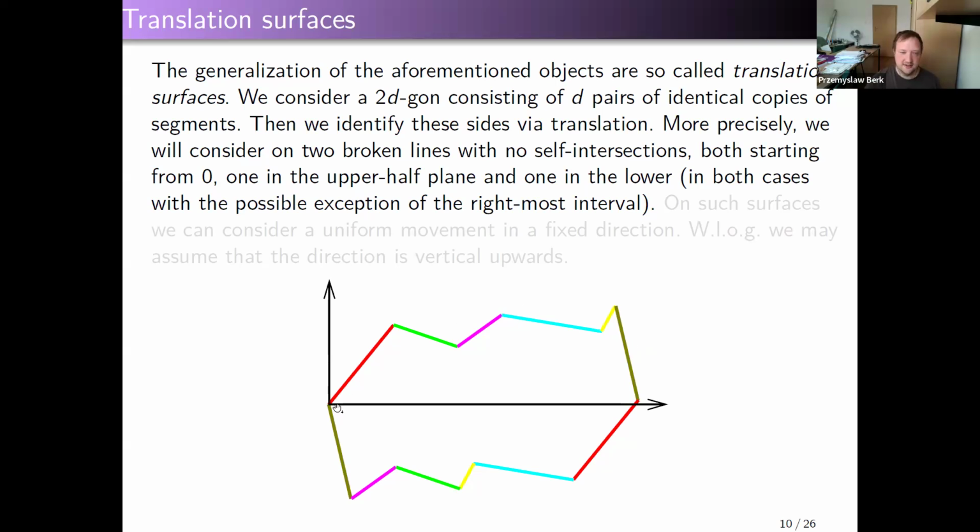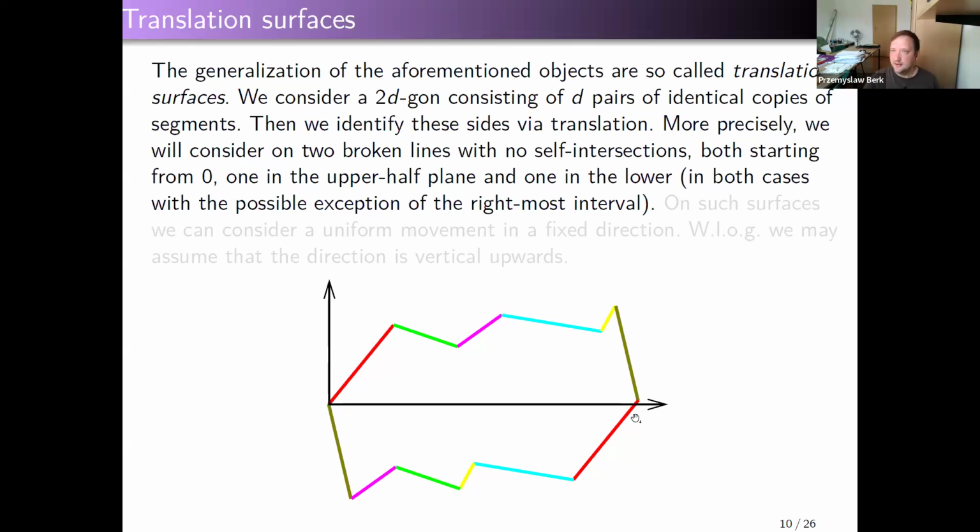But now we want to keep the lower curve on the lower half plane, so we cannot take the same order of the intervals. As you can see on my picture, I first took brown, purple, green, yellow, blue, and red.